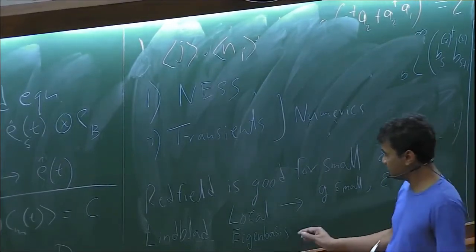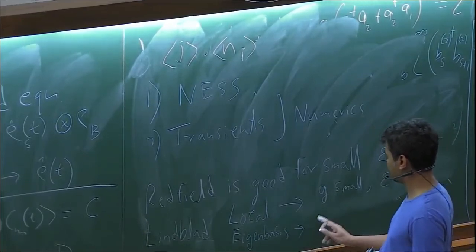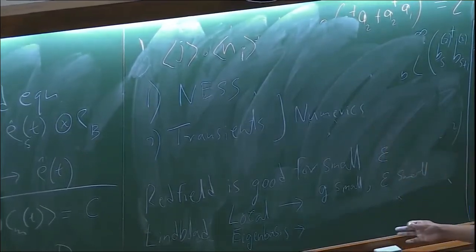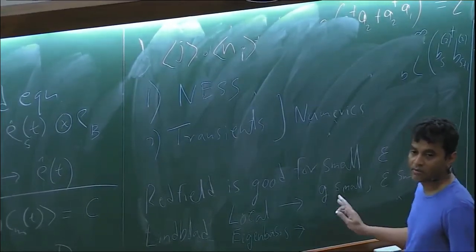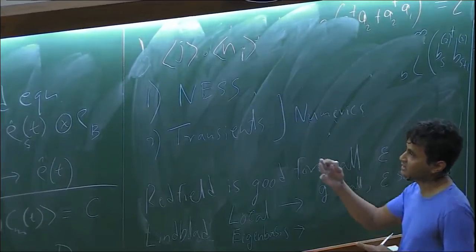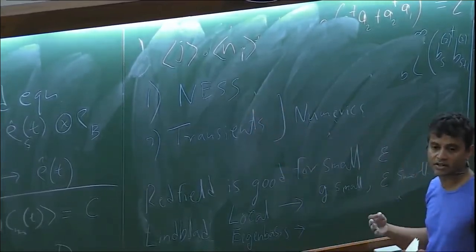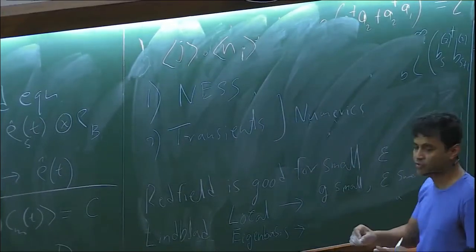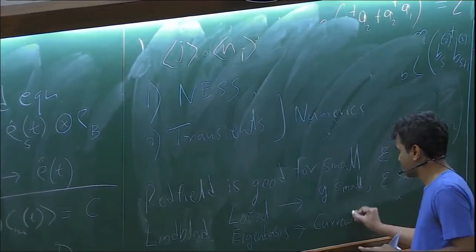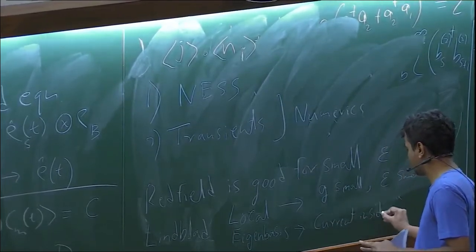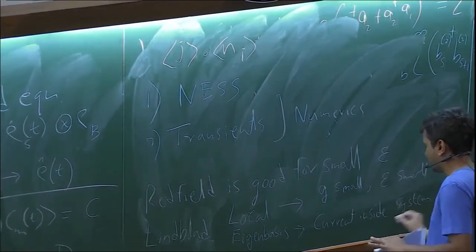But then you'd ask, is the eigenbasis always good? The eigenbasis is good even when G is not small, but for properties like occupations, not for things like current. If you want the current inside the system, it is 0; it cannot be obtained.